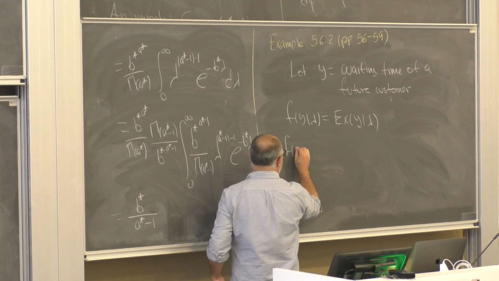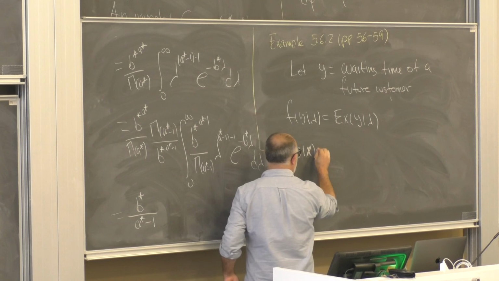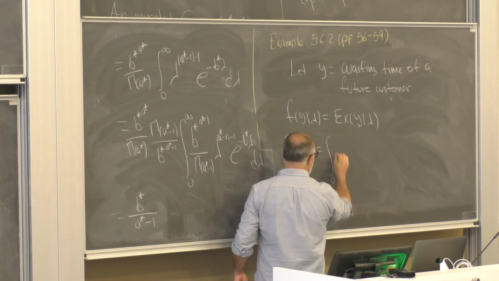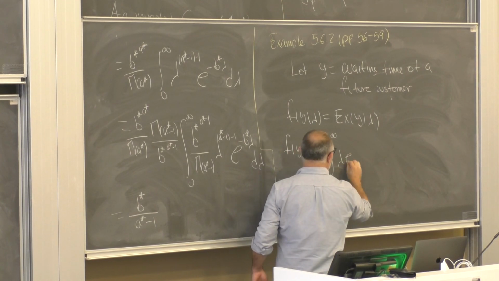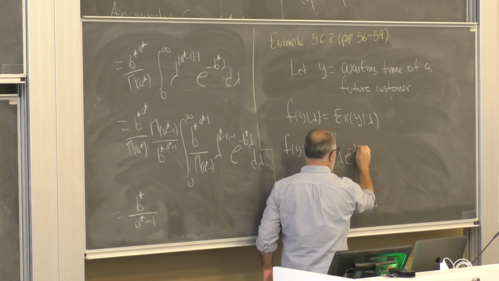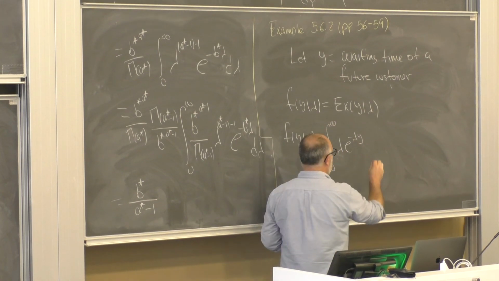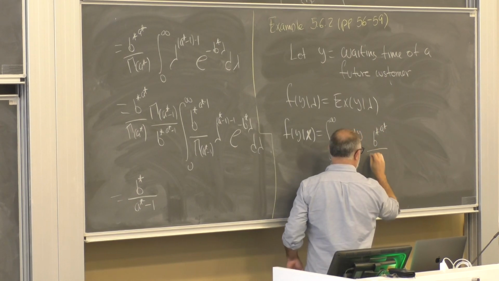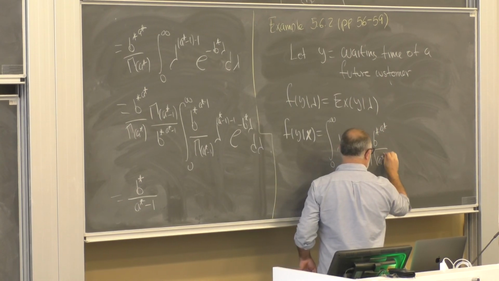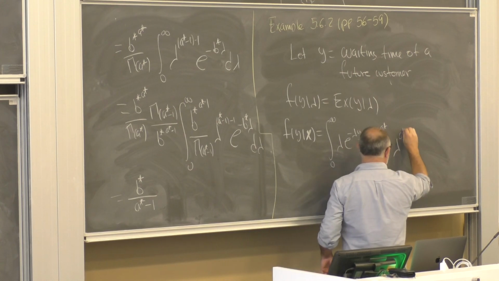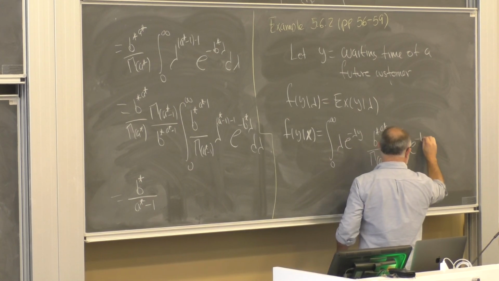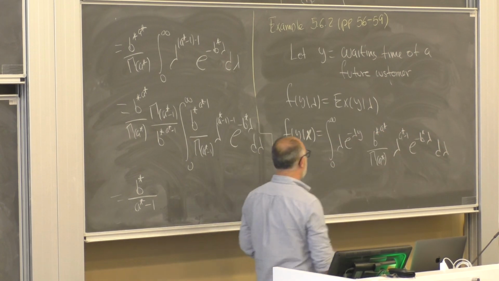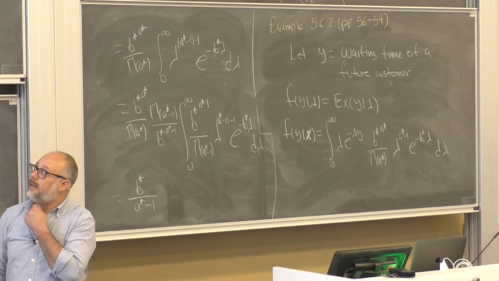So the predictive distribution will be the integral over the parameter space, that's lambda, from 0 to infinity, of f of y given lambda times the posterior distribution. That's what we have there.